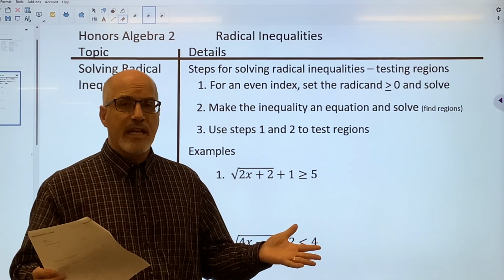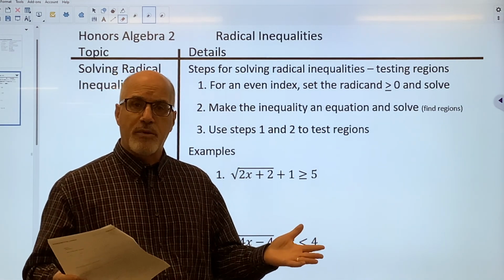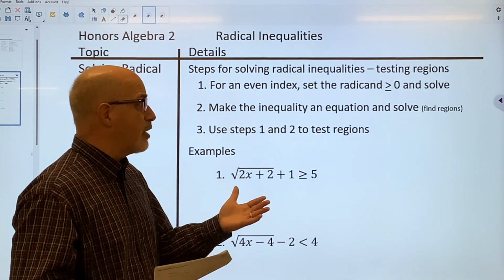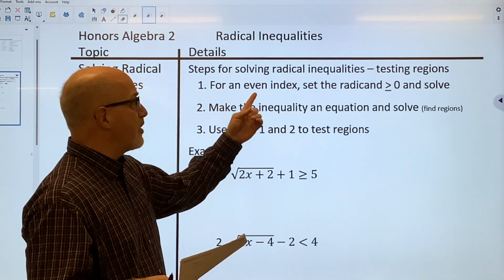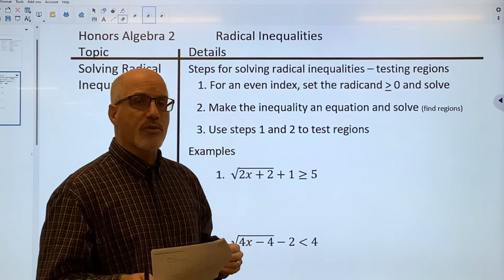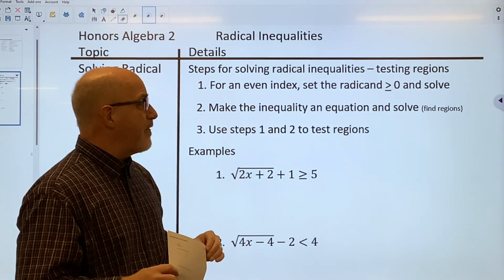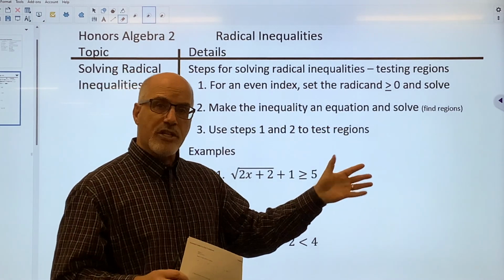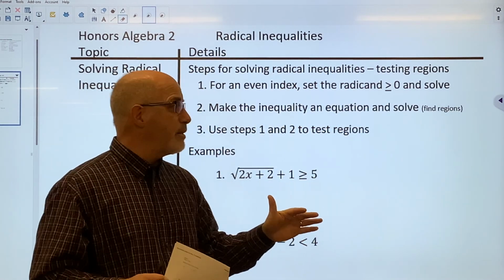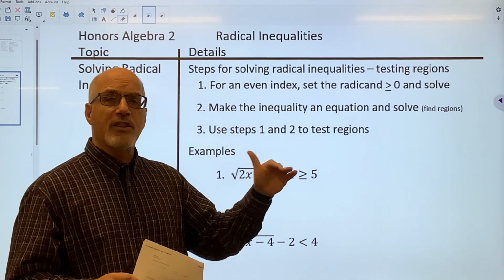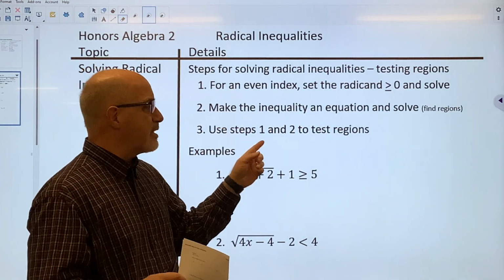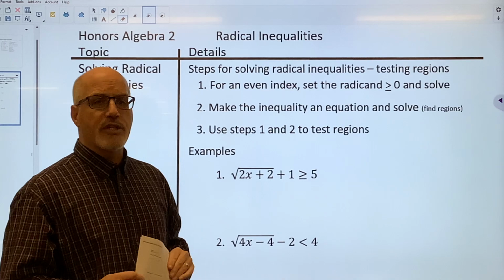You can't have a negative radicand in the real numbers on a real number line for these inequalities. So you first just test to see when the radicand is greater than or equal to 0, and then you go ahead and make the inequality an equation, and solve the equation like we've been doing. That will help us find the regions to test values, and then use these two steps to test different regions to see where we shade.